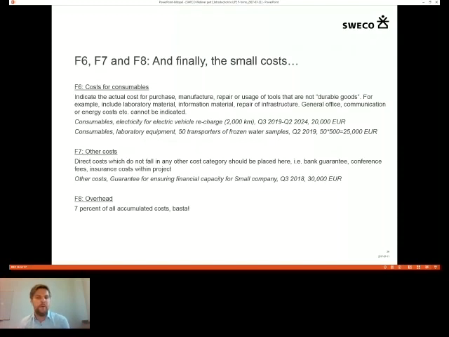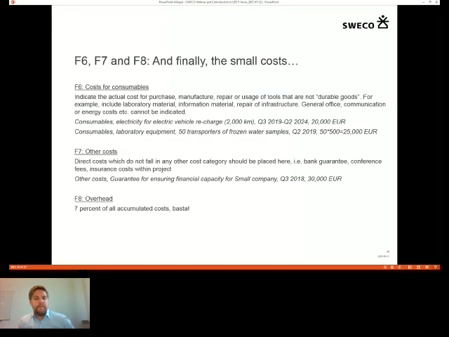Something that you use, throw away. And that is especially not very movable, that is not attached to the ground somehow. This could include laboratory material, it could include information material, repair of infrastructure, for example.